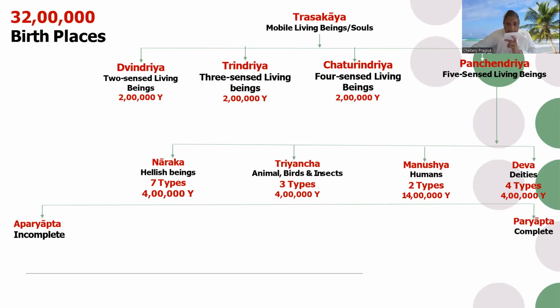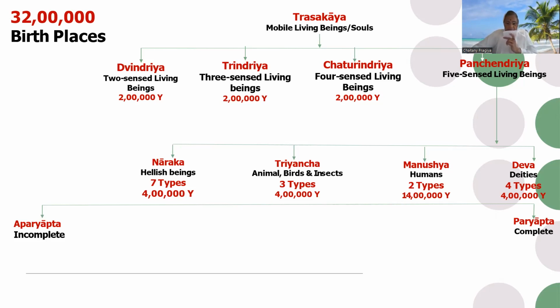I think insects do not have such kind of 5 senses, but yes, animals and birds do. The human beings also come under the category of 5-sense living beings, and all the celestial living beings or deities come under the five-sensed living beings.